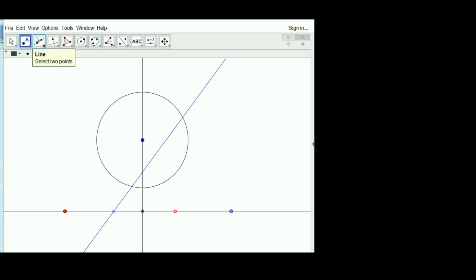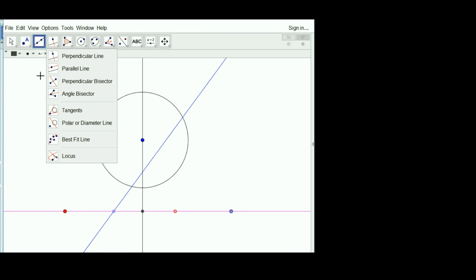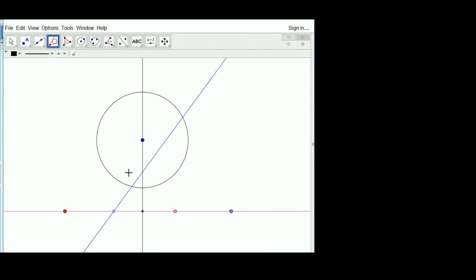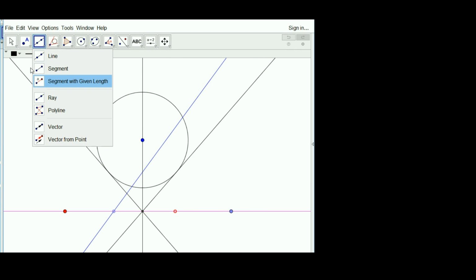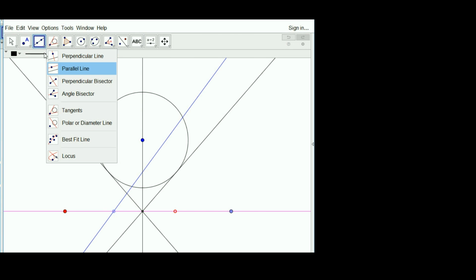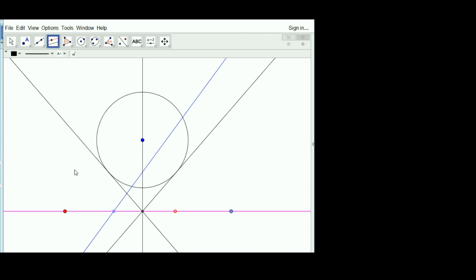Now we can find what the imaginary components are if we do this construction by drawing tangents from this point to the circle, and drawing parallels to our purple line where the perpendicular that goes through the centre meets the circle.